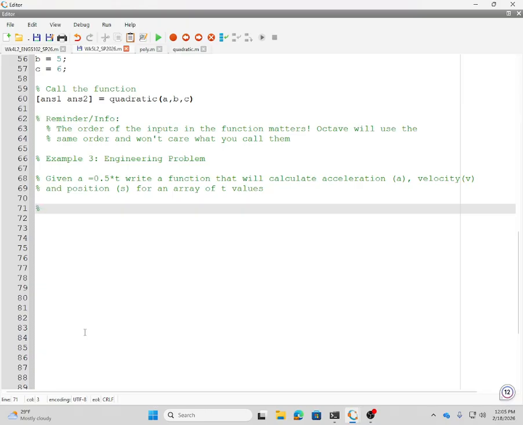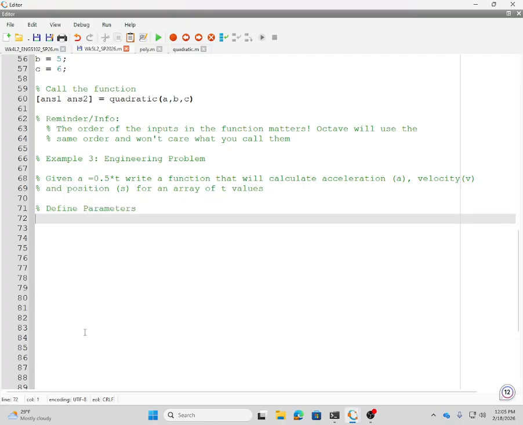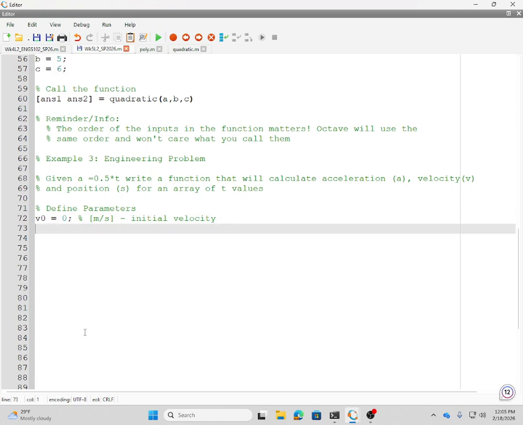So let's start with defining the parameters, right? Your first parameter is initial velocity, which is 0, and then you'd like to put a unit, which is meter per second. You can say this is the initial velocity, right? Then initial position, S0, equal to 0 as well, right?